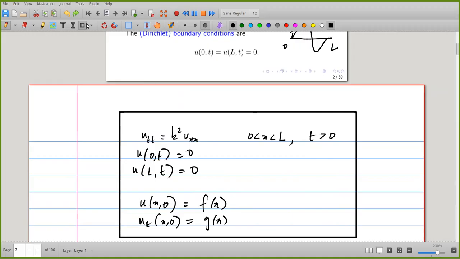So as in the case of the heat equation, we will use the method of separation of variables and try to find solutions to these three conditions first. Okay, so let's go ahead.